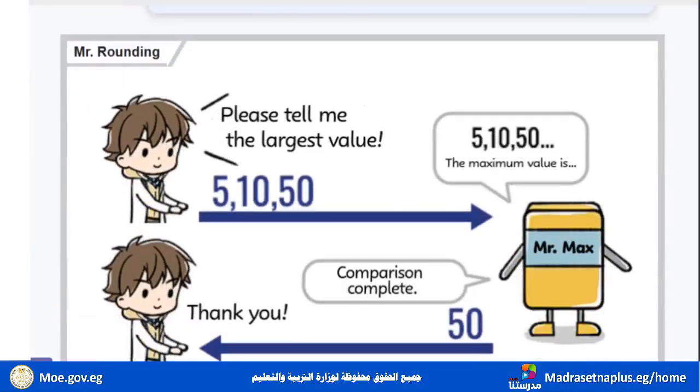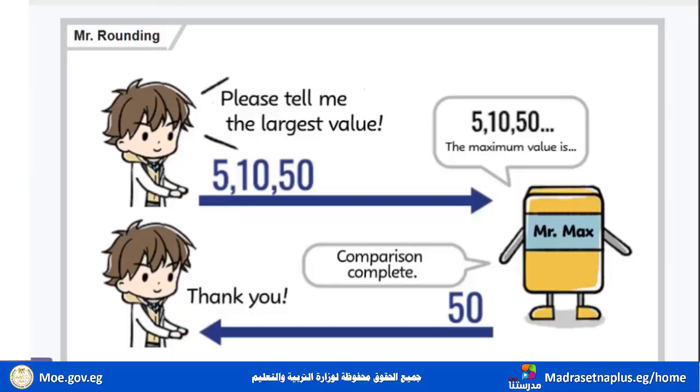Now, Mr. Rounding. Mr. Rounding again. Take a range of value, then round is the first function of math. It rounds up or down the number to the nearest whole integer.